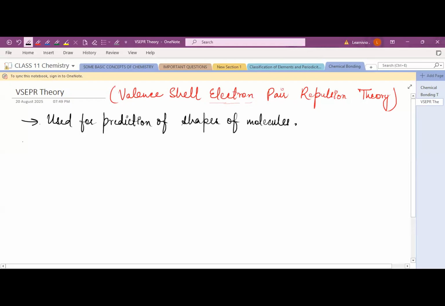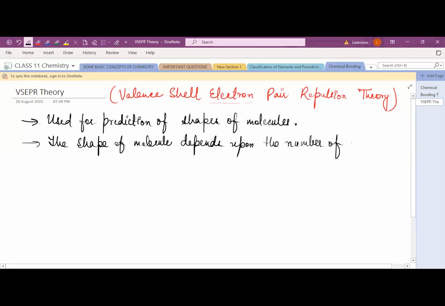Just write down: the shape of the molecule depends upon the number of valence shell electron pairs, bonded or non-bonded, around the central atom. We will talk about the central atom.